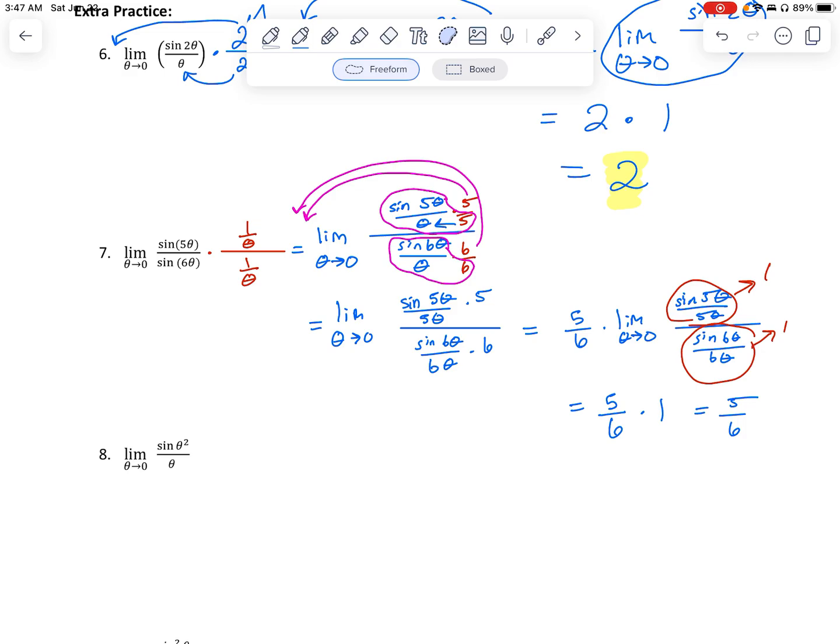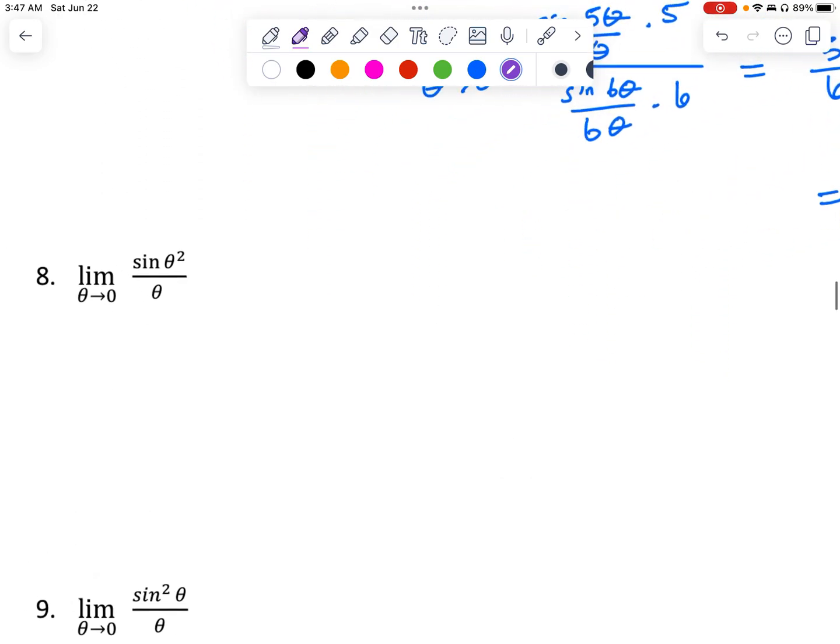Going on to number 8. Here we have the limit as theta goes to 0 of sine of theta squared over theta. Notice the square is on the theta, so it really means this, which is not the same as this.